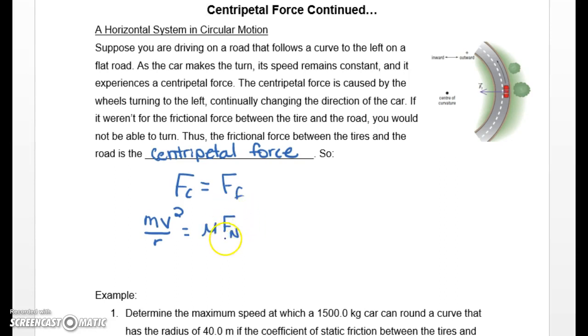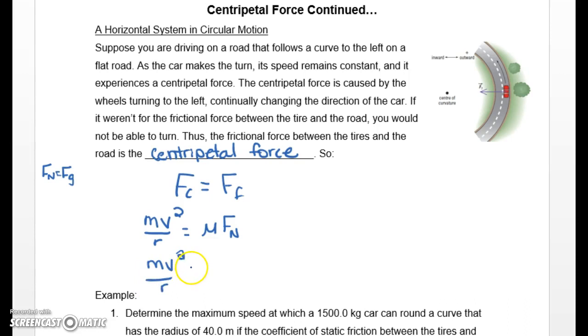When we're working with a horizontal system, that means we're not moving up or down. So your normal force is equal to the gravitational force, or that force pulling downward. We can replace our normal force with the force of gravity equation.